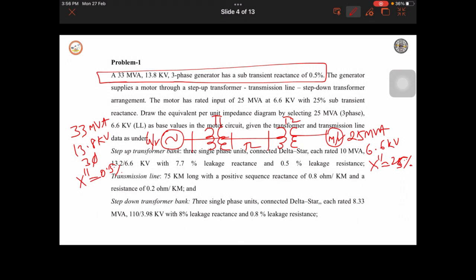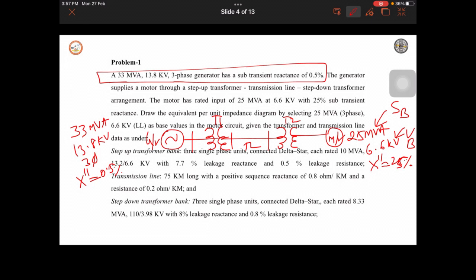That is, these are the motor base values. Rated values are taken as base values. It tells us how to select the base values. Either they will give this information or we have to assume. Here it is clearly given that you have to choose the generator rating as base.